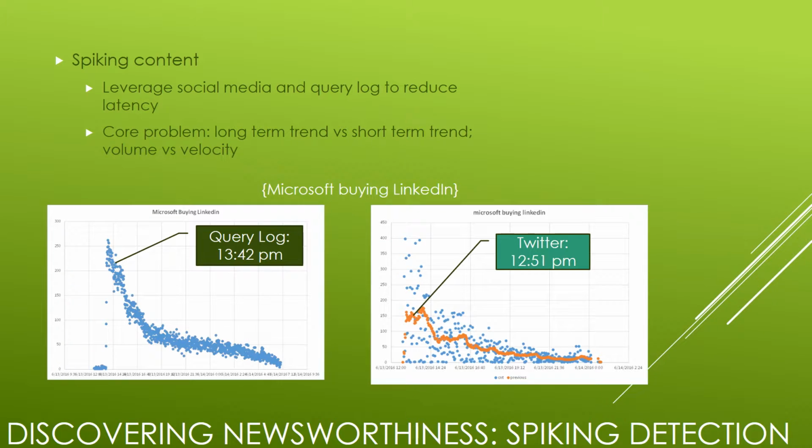For example, if something is spiking on Monday morning, it's often hard to tell whether something is really happening or just that publishers start working and users start searching, right? So it's a hard problem.